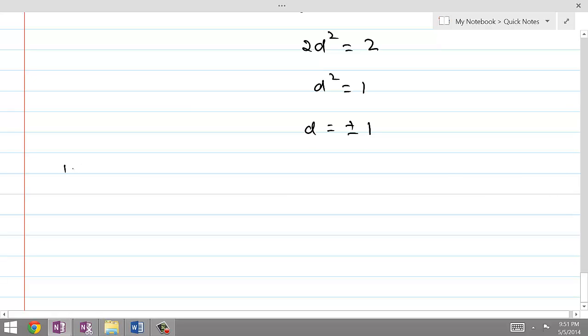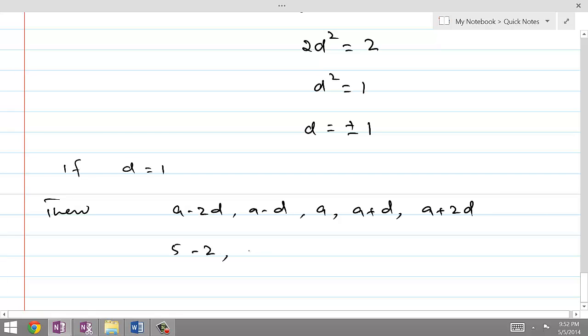If d is equal to plus 1, then what are those numbers? a minus 2d, a minus d, a, a plus d and a plus 2d are the numbers 5 minus 2, 5 minus 1, 5, 5 plus 1, and 5 plus 2.